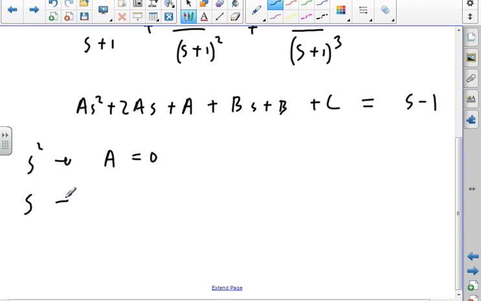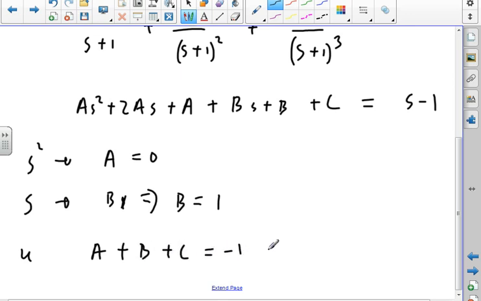I look at the units term, and I have a b for the s term. A is 0 already, so that implies b is equal to 1. And then I have the unit term, a, which is 0, plus b, which is 1, plus c has to be minus 1, implying that c has to be minus 2.